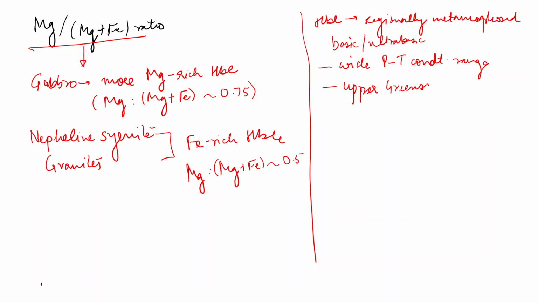to the lower part of granulite facies. So we can write it like this: upper greenschist facies via epidote amphibolite facies to lower granulite facies.